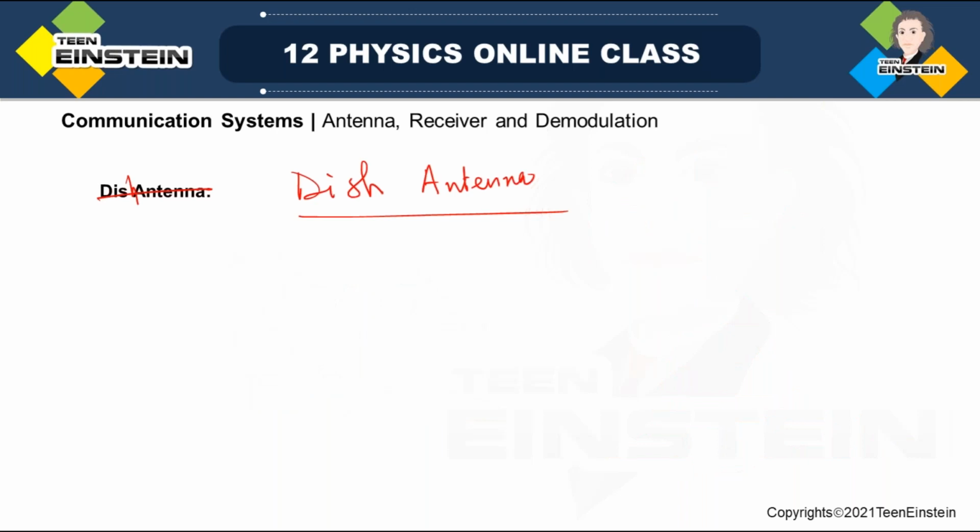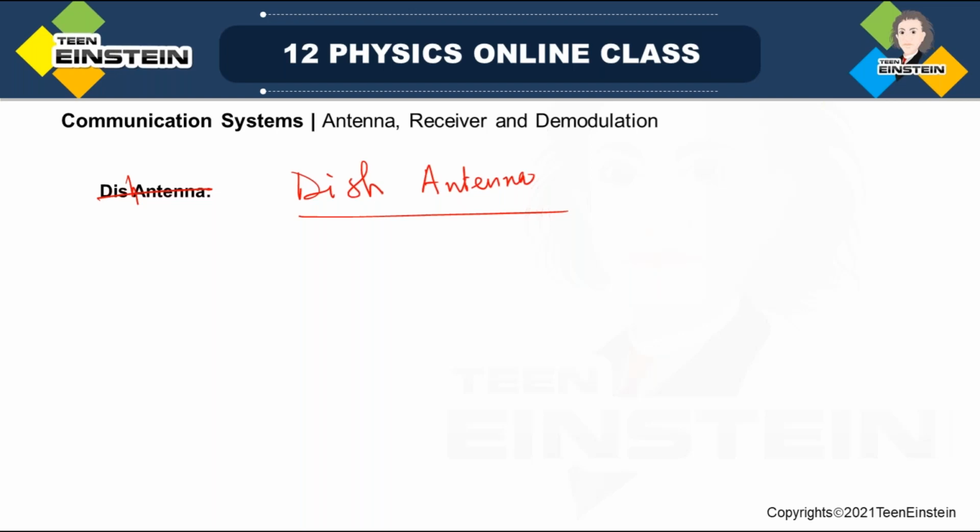Now, what is this antenna? This antenna is a highly directional antenna used for transmission and reception of electromagnetic waves in the microwave or ultra high frequency range.